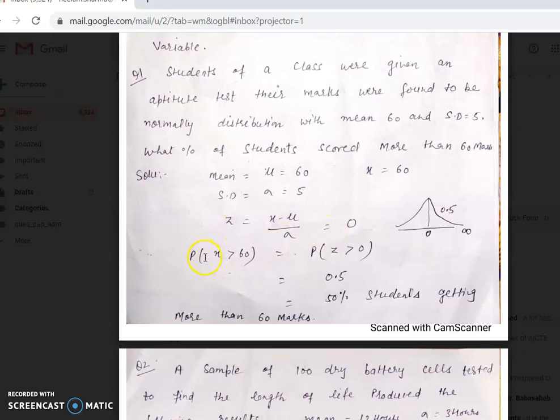Then what we have to find is P(x greater than 60), that is, z greater than 0. How can we find the value for z greater than 0? The area between 0 and infinity is 0.5, and the area between 0 and minus infinity is 0.5.